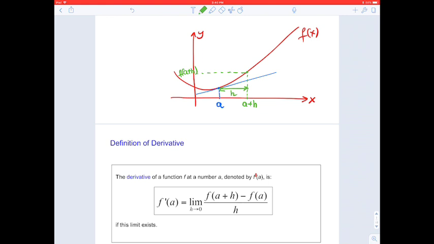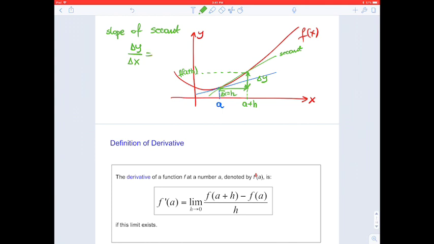Now I can create a line which goes through these 2 points, and of course it is a secant. In order to find the slope of the secant, I need delta y over delta x, but delta x of course is h. The slope of the secant is the difference along the y-axis over the difference along the x-axis, rise over run.